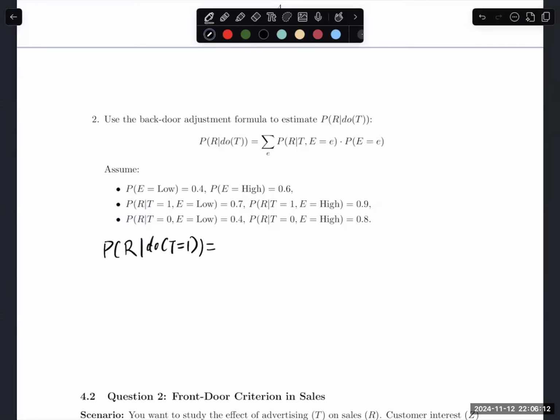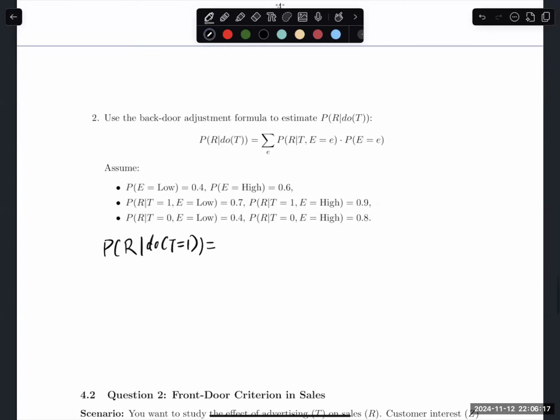So by substituting the data into this formula, it's going to be 0.7 times 0.4 plus 0.9 times 0.6, which is 0.28 plus 0.54, which is equal to 0.82.